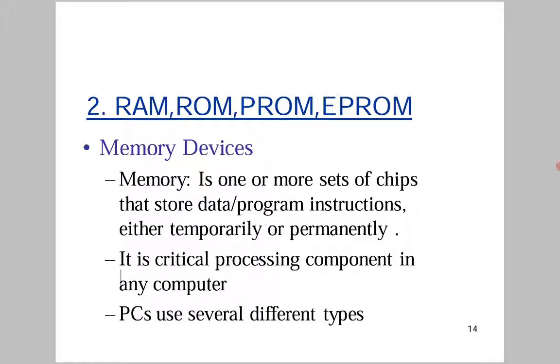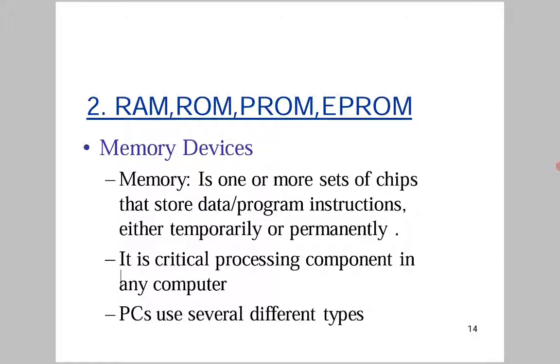So what are memory devices? Memory is one or more sets of chips that store data or program instructions either temporarily or permanently. It is a critical processing component in a computer. PCs use several different types of memories.